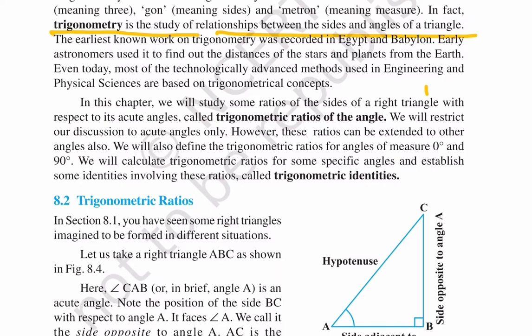So in this chapter, we'll discuss about the trigonometric ratios of the angle and also the trigonometric identities such as sin theta, cos theta, tan theta, and inverse of those cosec theta, cot theta, sec theta, and the identities like sin square theta plus cos square theta, cos square theta minus sin square theta, tan 2 theta, and so on. So let's learn one by one.